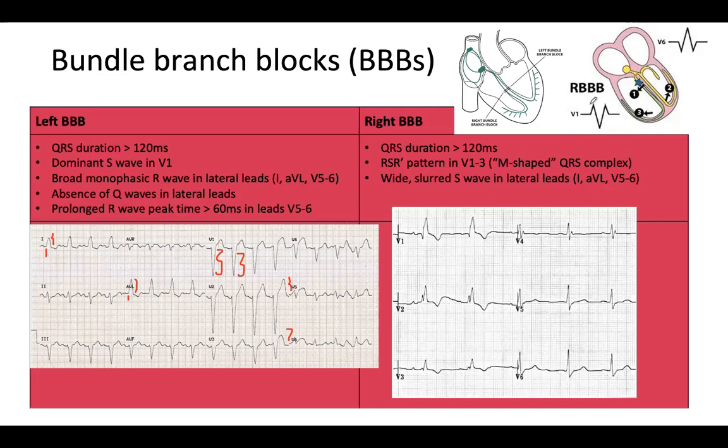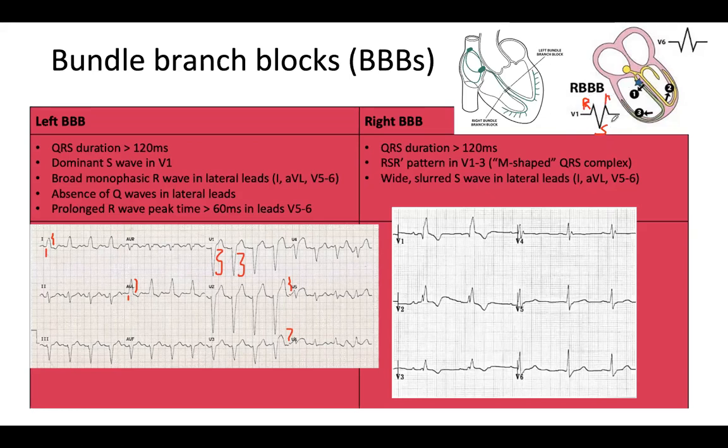The first positive deflection is the R wave, and then the negative deflection is the S wave, but then you're getting another R wave. So this is how we annotate it: big R because it's your normal R, big S, and then this is your extra R. So it's an RSR pattern.